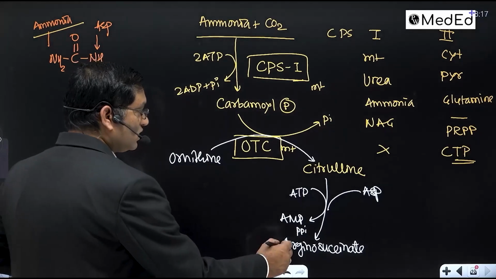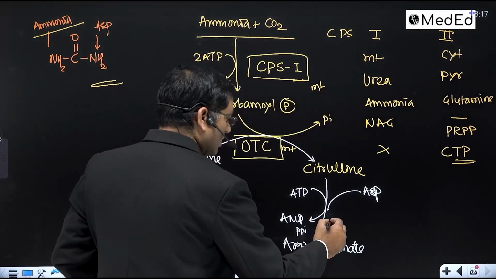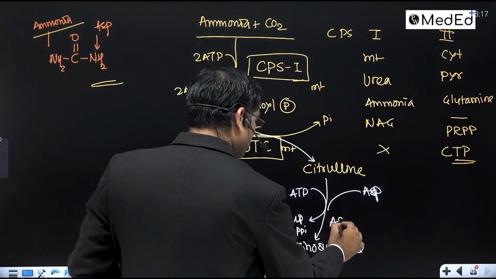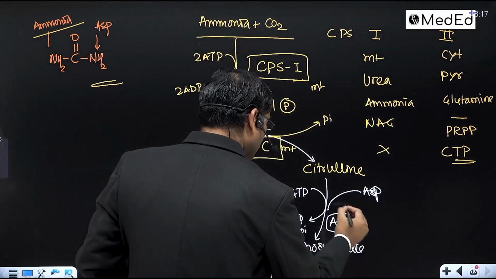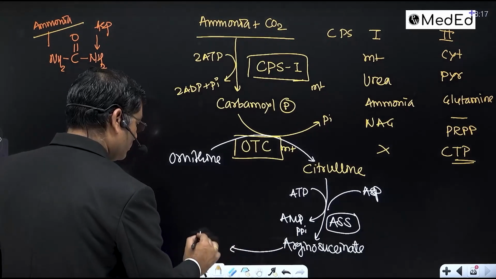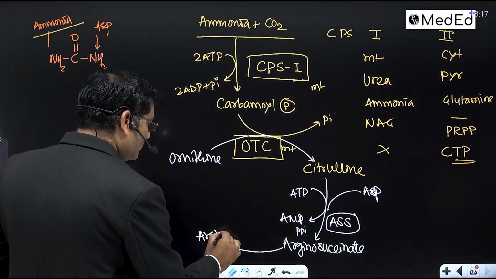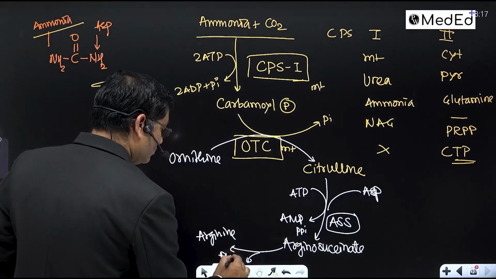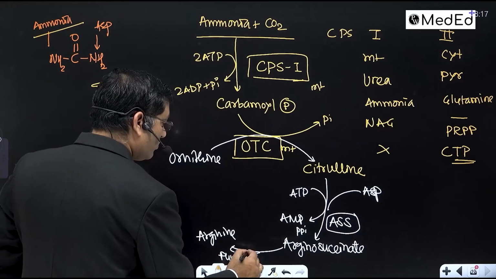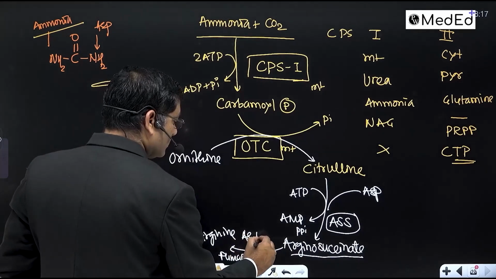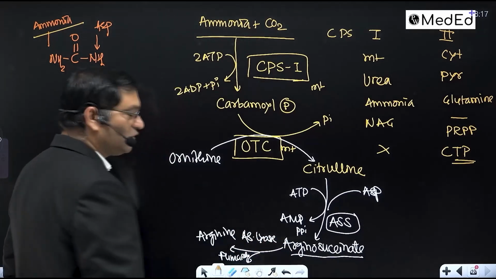This is with the help of arginosuccinate synthetase, the third enzyme. Arginosuccinate is converted into arginine with the liberation of fumarate, via arginosuccinate lyase or arginosuccinase.